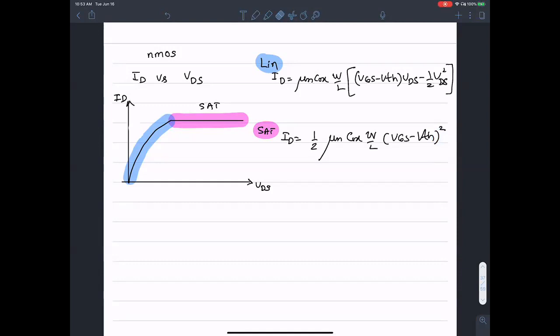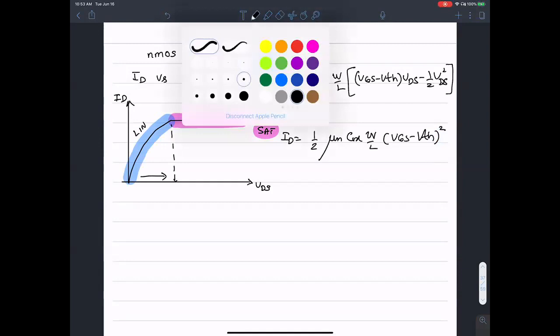Then there is the linear term, where as VDS increases, ID increases as well. This particular point is the edge of saturation. We saw that, right?